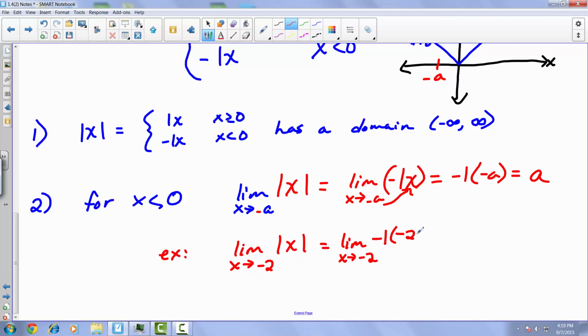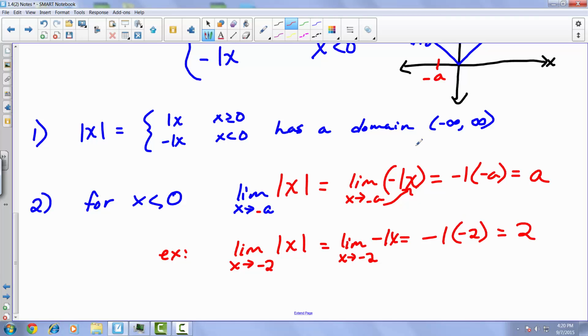Now going ahead and using that direct evaluation, this would still be negative 1x, and thus giving us a positive 2 when you throw in that negative 2 value in there. So again, that's just a really quick example of how that's interacting.